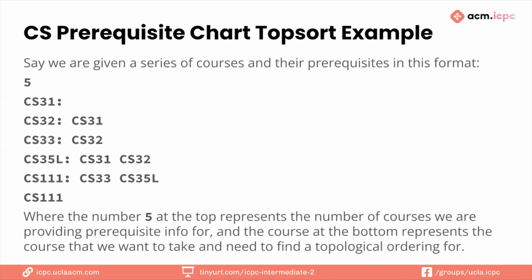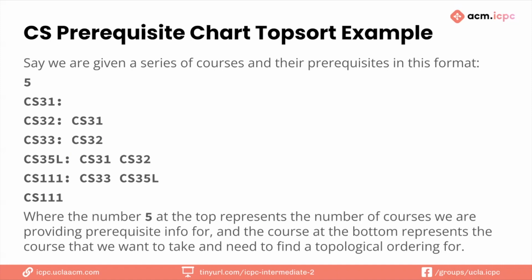For example, if you look at the 4th line, CS35L requires courses CS31 and CS32. And the final line has the course that we want to find the prerequisite courses for. In this case, it's CS111.